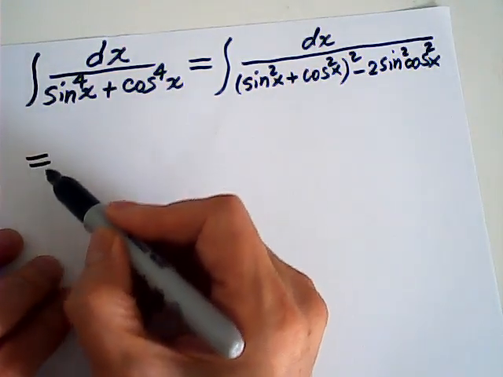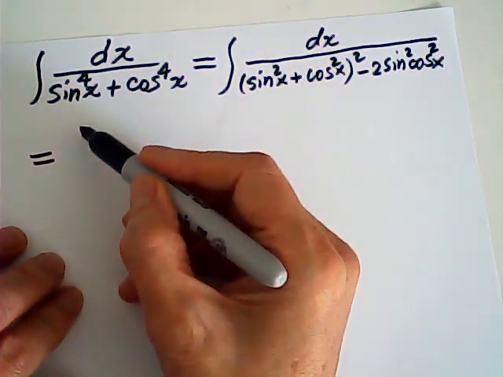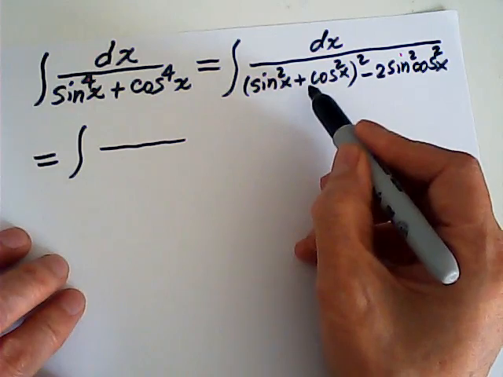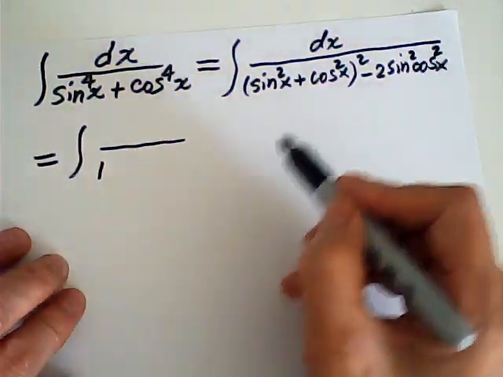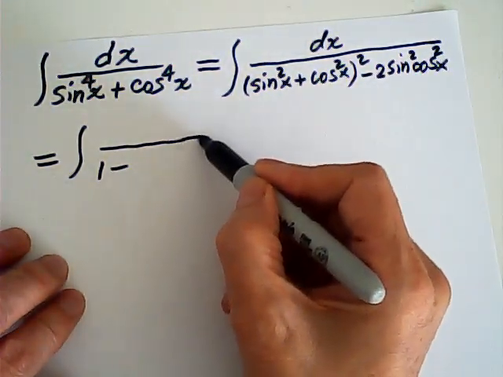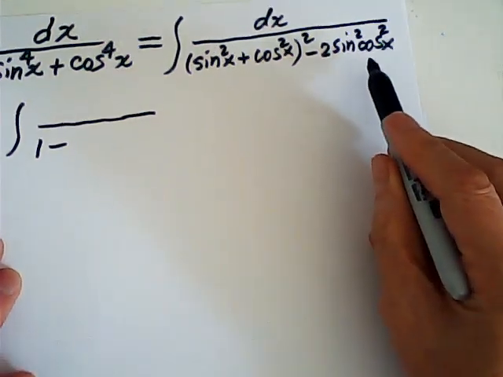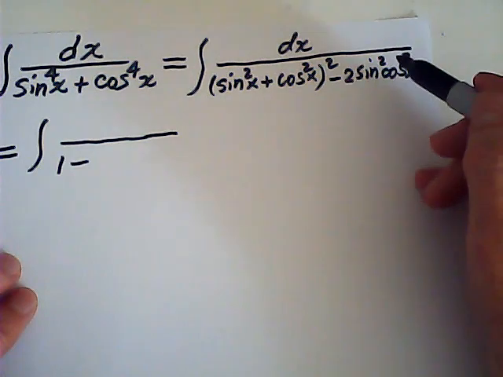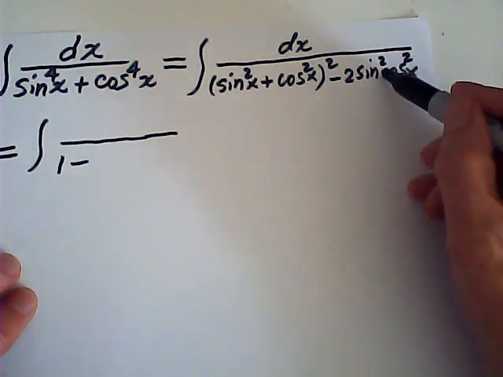Then this is equal to the integral. Now this is 1, right? This is 1 minus sine square, which is sine x cosine x.